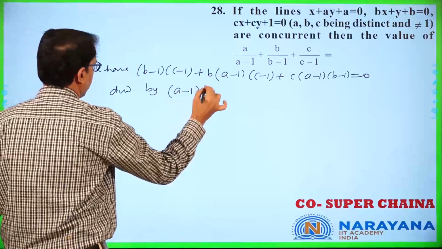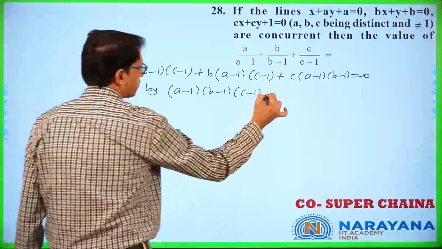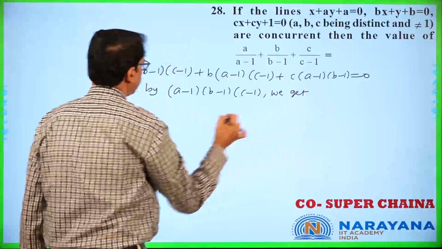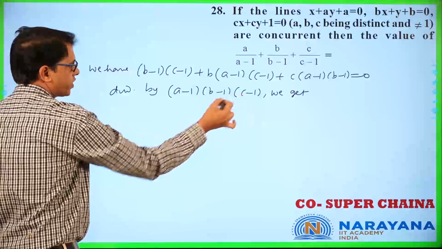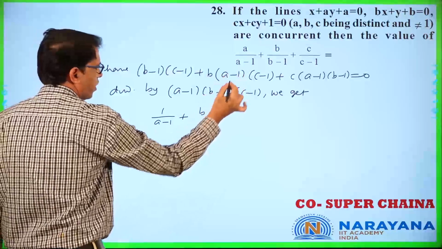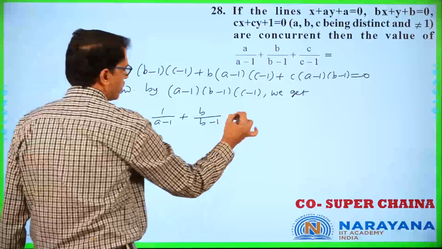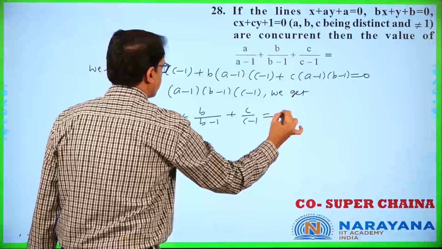Now dividing by (a minus 1)(b minus 1)(c minus 1), we get, so here (b minus 1)(c minus 1) get cancelled, we get 1 by (a minus 1)... Actually a by (a minus 1). So here (a minus 1)(c minus 1) get cancelled, b by (b minus 1). So here c by (c minus 1) equal to 0.